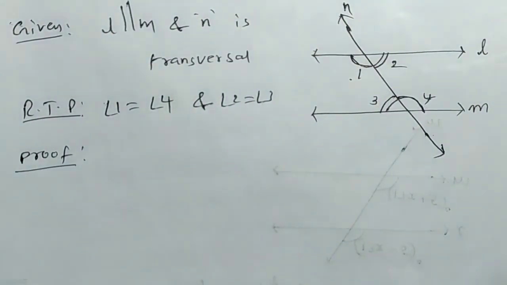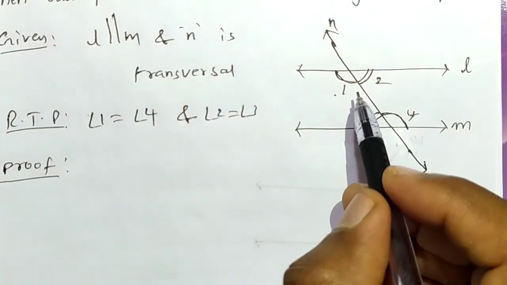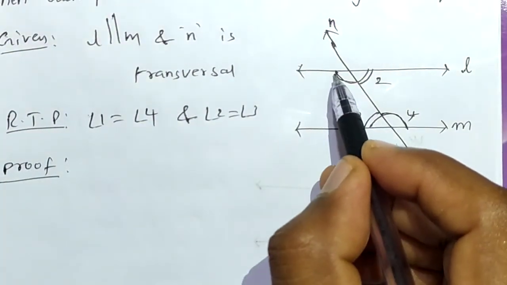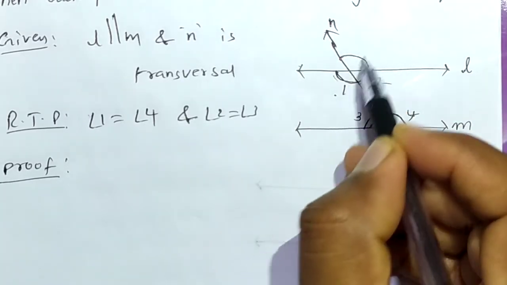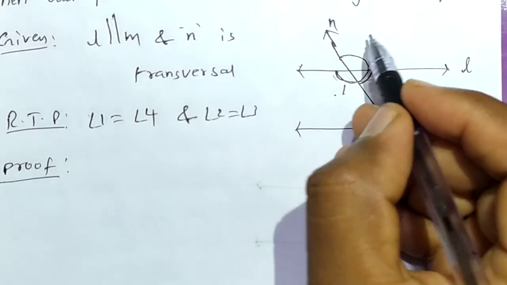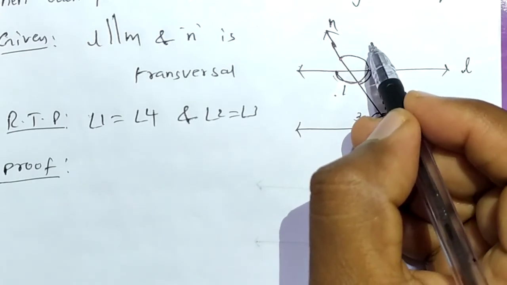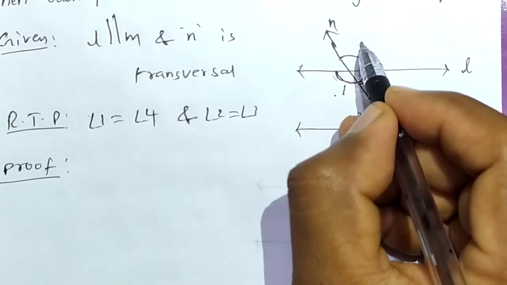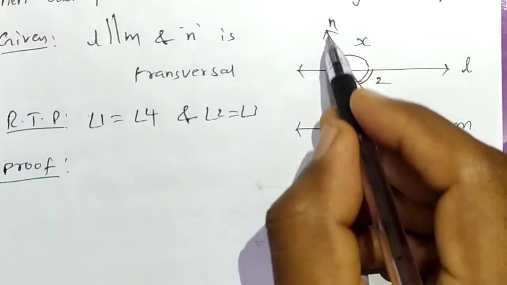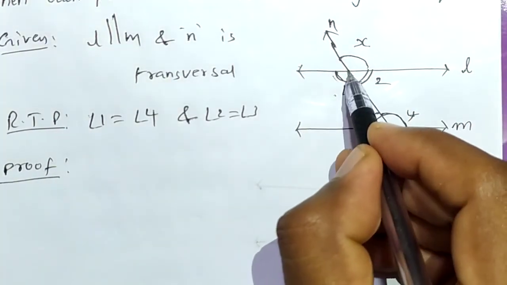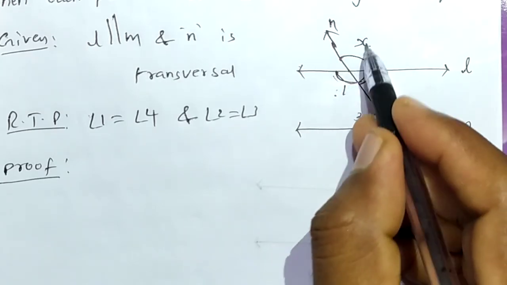Right. First of all, what is the vertically opposite angle of angle 1? Say it is x, right? If two lines intersect at a point, then vertically opposite angles are equal.